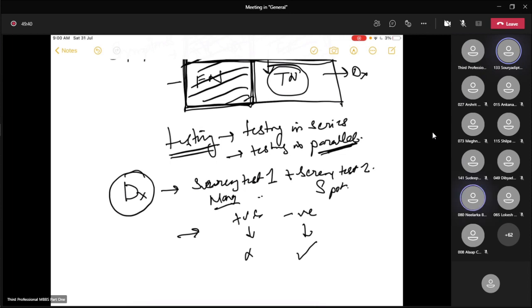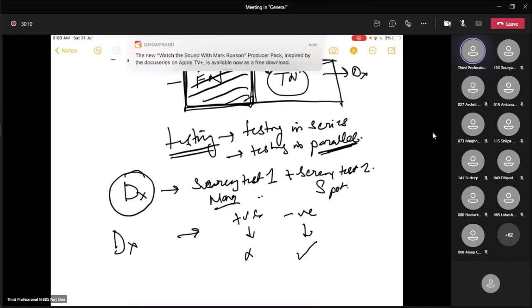Sir, HIV. ভেরি গুড। এইচআইভিতে দুখানা ডিফারেন্ট এলাইজা করা হয়। এটা পজিটিভ হলে করব না, নেগেটিভ হলে সেকেন্ড এলাইজাটা করব। কোভিডের যে এক্সাম্পলটা বললাম, আরএটি পজিটিভ মানে পজিটিভ, আরএটি নেগেটিভ মানে আরটিপিসিআর করব। This is testing in series.